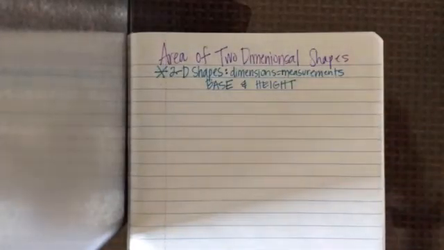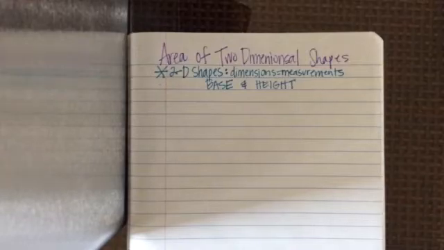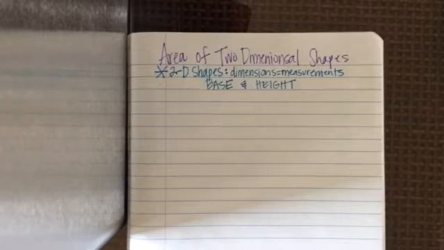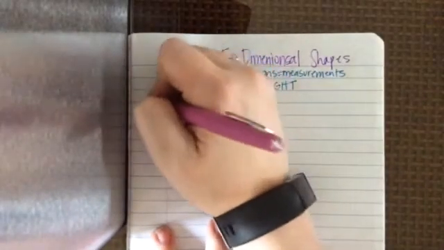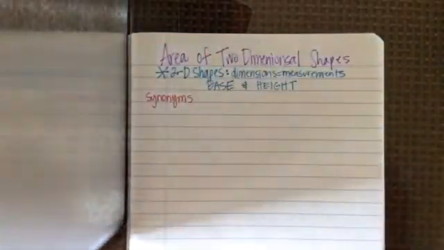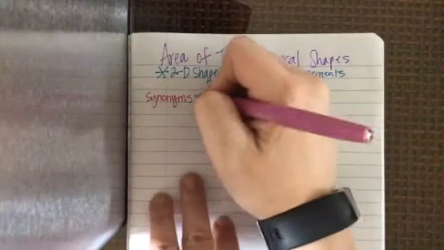So we're going to talk about these, and you may already know formulas, and the formulas that you already know are perfect. They work. I'm just going to change the wording from length and width and all of that stuff to base and height. So just so that you're aware, some synonyms. Synonyms means the same.